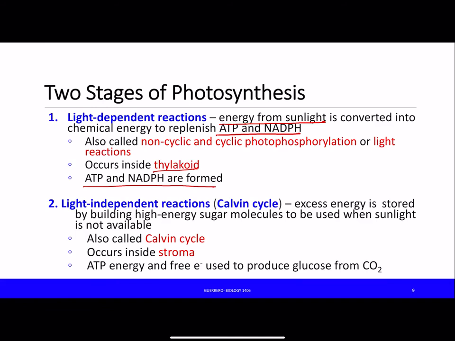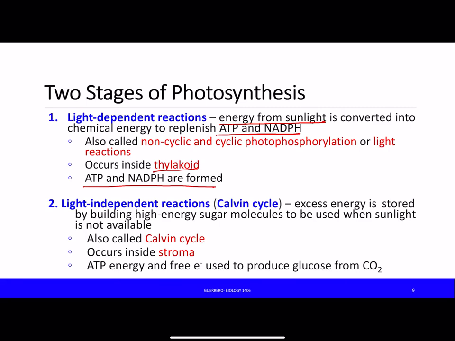Step 2 of the photosynthesis process is known as the light-independent reactions, or the Calvin cycle. In this set of reactions, we take the energy that we stored in ATP, along with electrons from the NADPH, and use it to make a high energy sugar molecule.